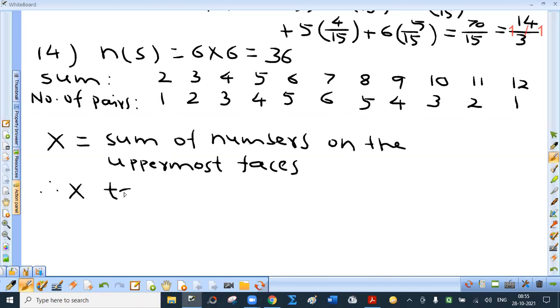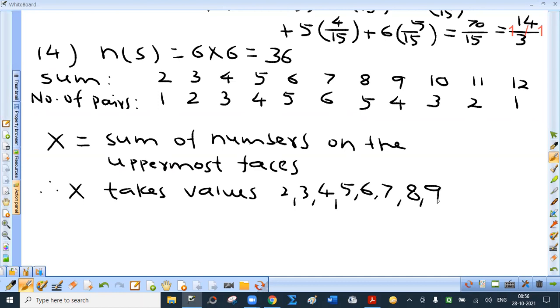Therefore, X takes values 2, 3, 4, 5, 6, 7, 8, 9, 10, 11, 12.